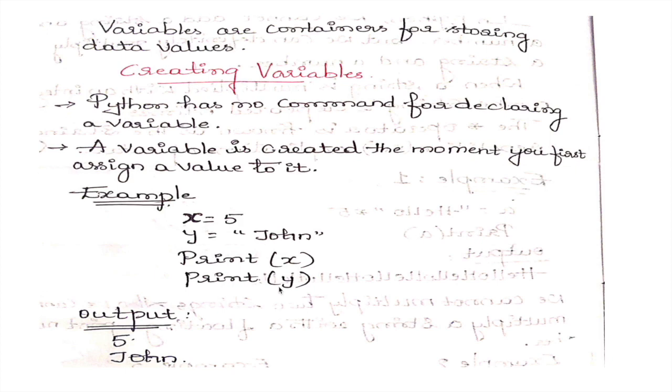So in Python, you don't have any specific command for creating a variable. Whenever you use the equal sign, it will automatically understand that it has to store that value in the particular variable used on the left hand side of your value. Okay. So what is a variable? It's a place to store your value.